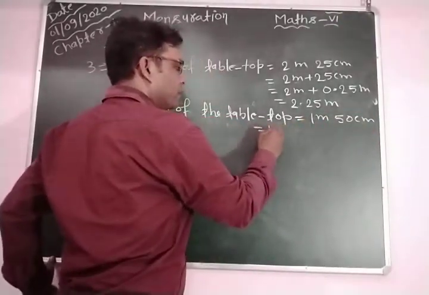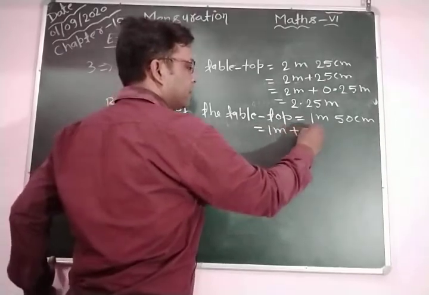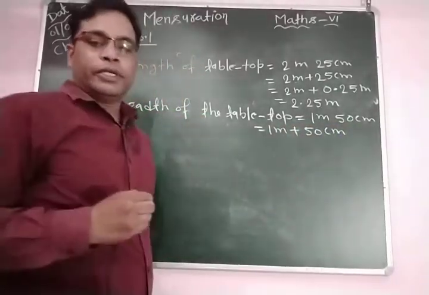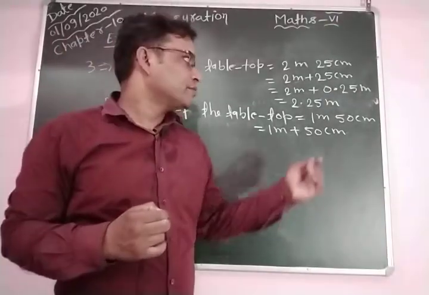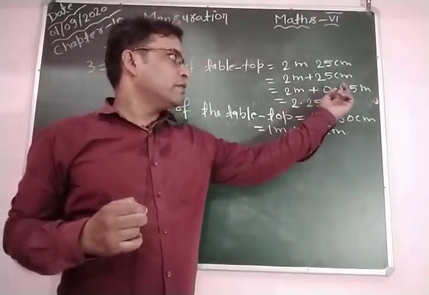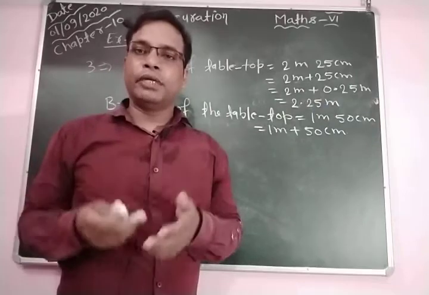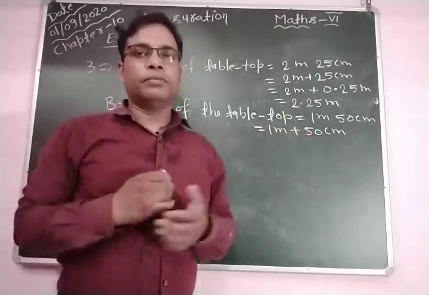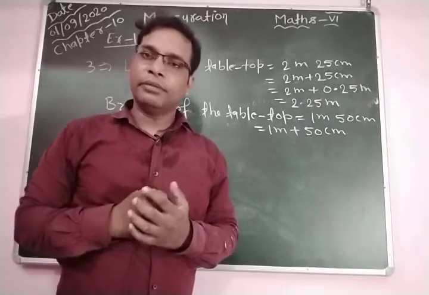We can write it as 1 meter plus 50 centimeters. Now we know that we convert meter into centimeters or centimeter into meters. So we are going to convert 1 meter 50 centimeter into meters.